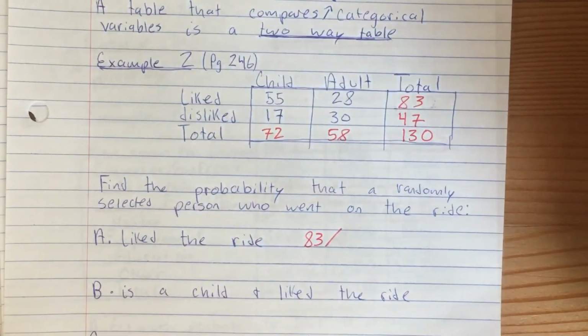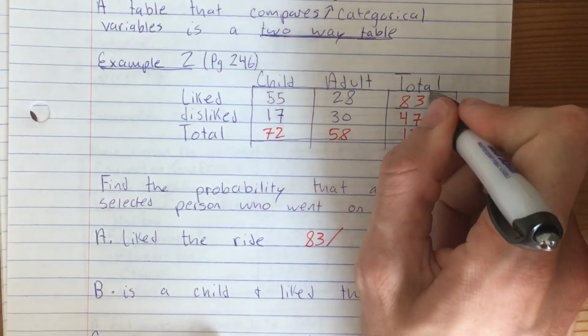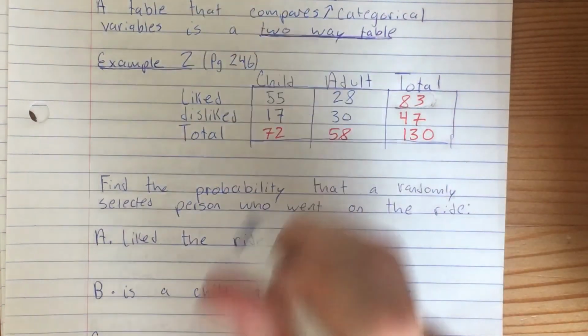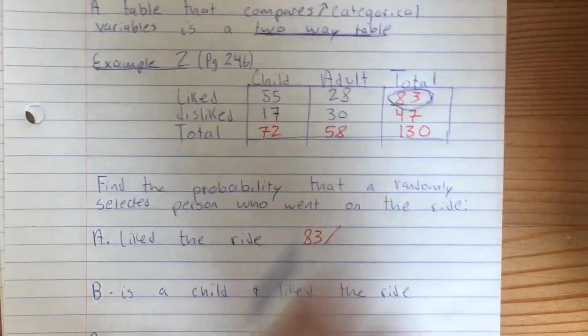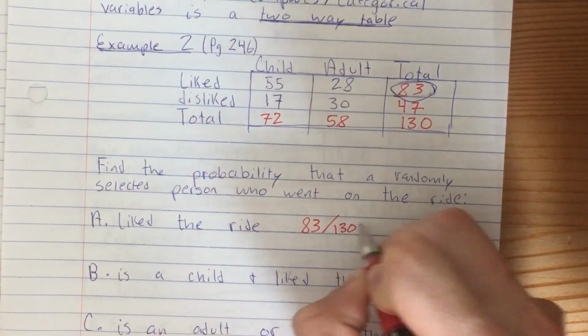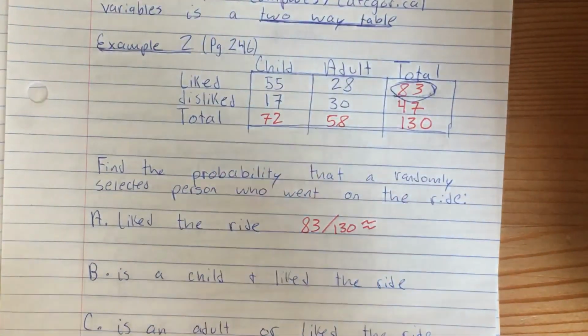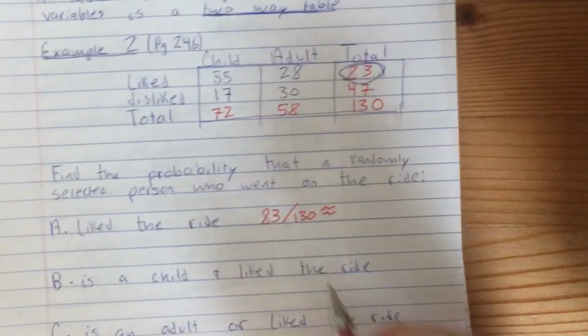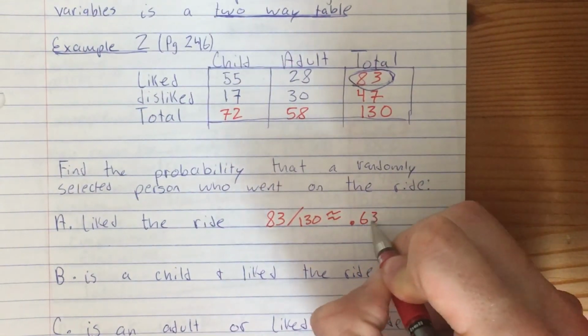And that 83 is out of how many total? It's 130. And I'm just going to stop putting these into the calculator every time. I think you all know where I'm getting these from. So that's approximately 0.638.